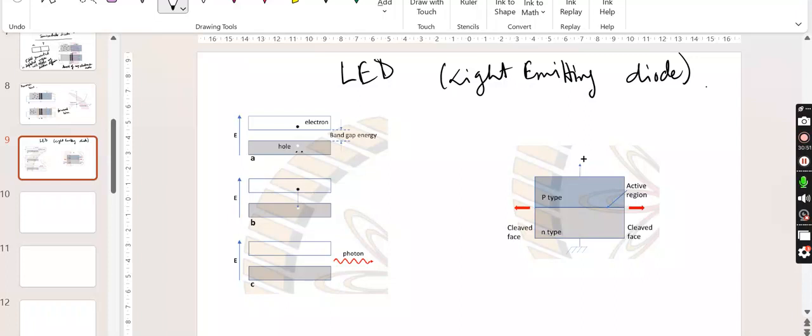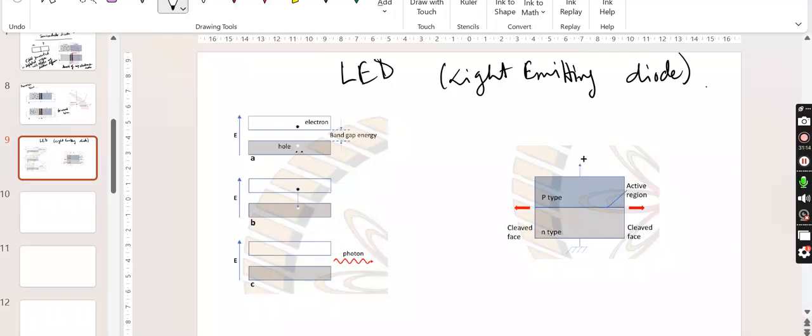But in an indirect bandgap semiconductor, what happens? The total momentum of the electron and the hole changes as they recombine, and for that momentum cannot be conserved by releasing excess energy as a photon.